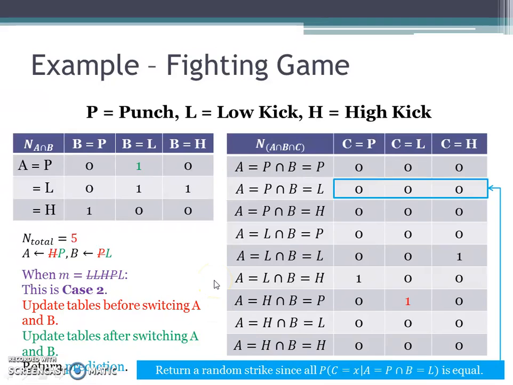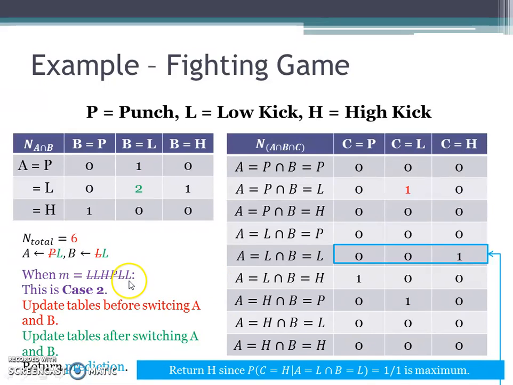Now moving on to the next one, where let's say we got the sixth strike. The sixth strike is a low kick again. So what we do is we update this table and notice that now we have a new frequency for PLL. So A equals P, B equals L, and for C equals L there's an occurrence.